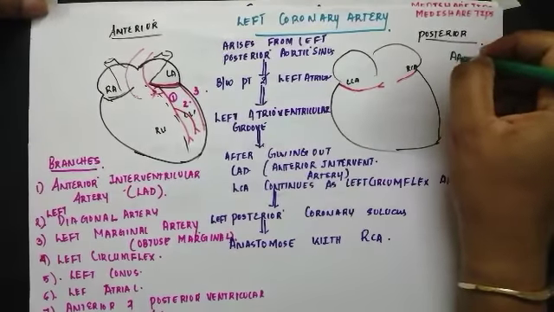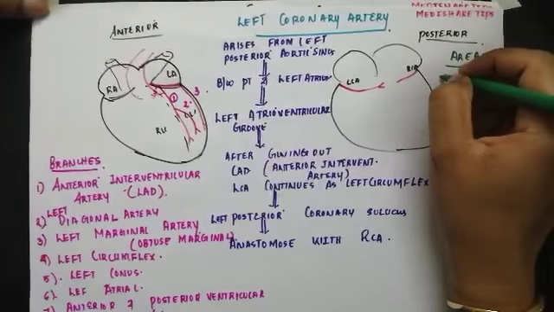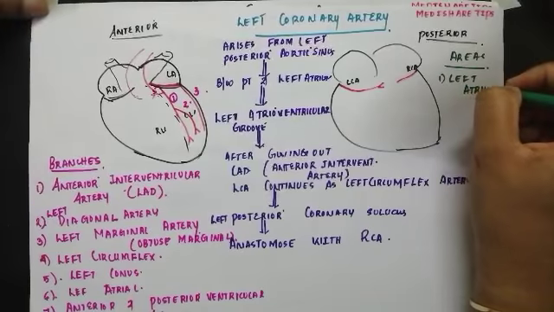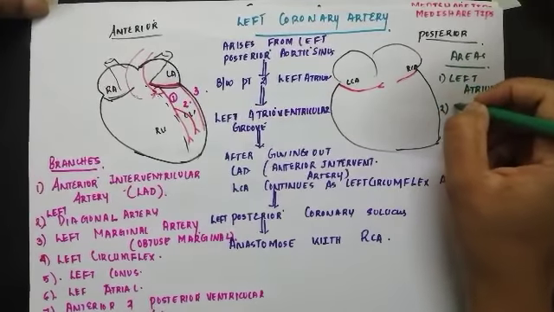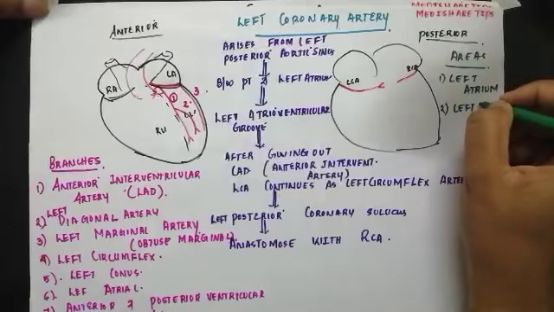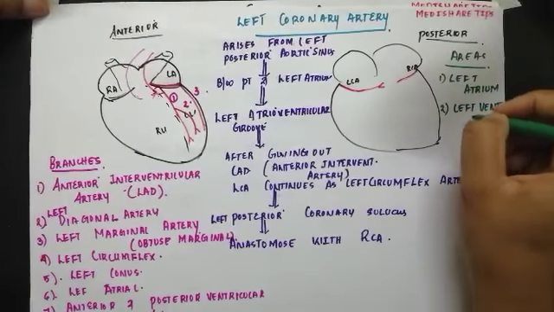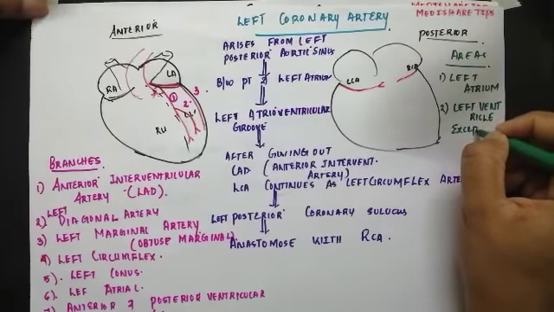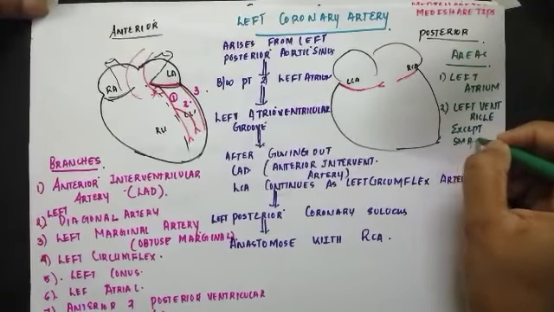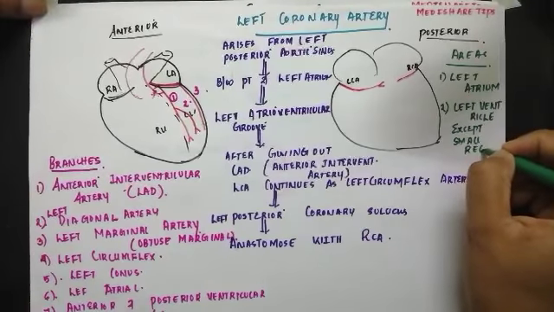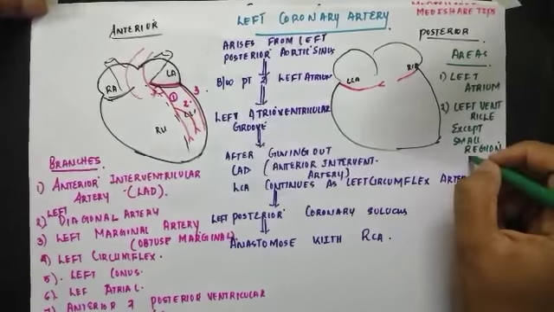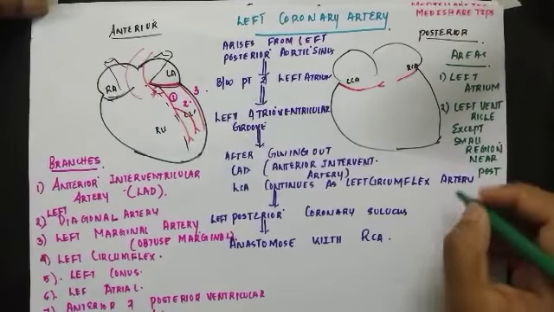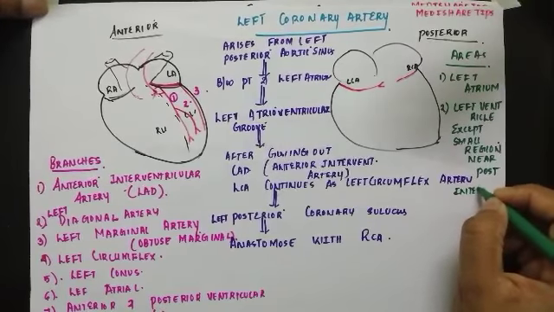So what are the areas supplied? The areas supplied include, first of all, the left atrium. The majority of the left atrium is supplied, and the left ventricle, almost all regions of the left ventricle except a small region which is adjoining the posterior interventricular groove.